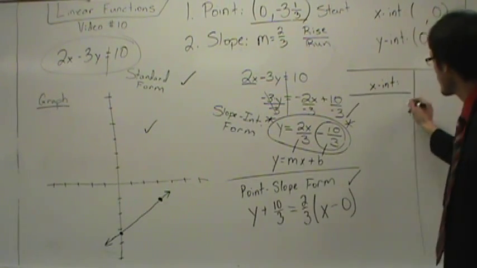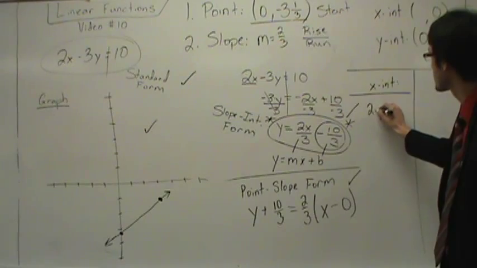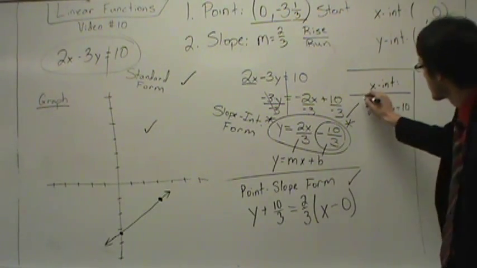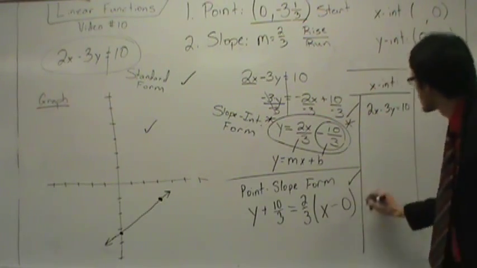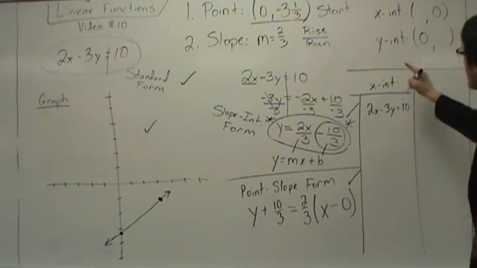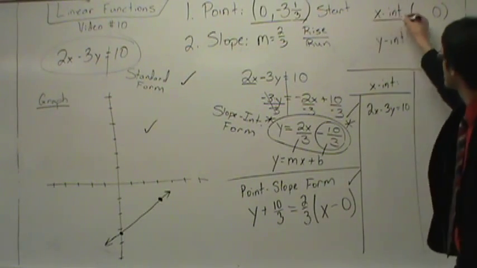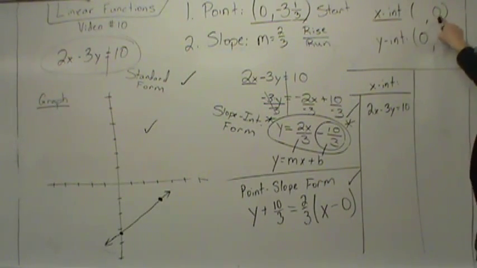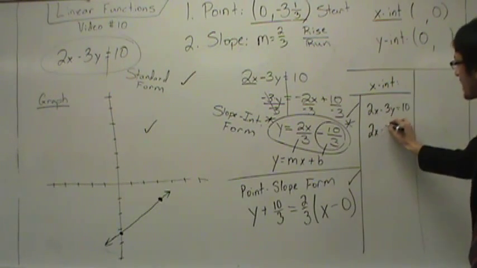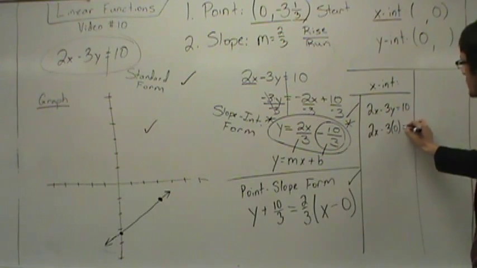Standard form says that 2x minus 3y equals 10. This is getting cluttered, so let me just do this. So 2x minus 3y equals 10. What do we know about an x-intercept? It has a y value of 0. So we take 0, put it in for y, and we end up with 2x minus 3 times 0 equals 10.